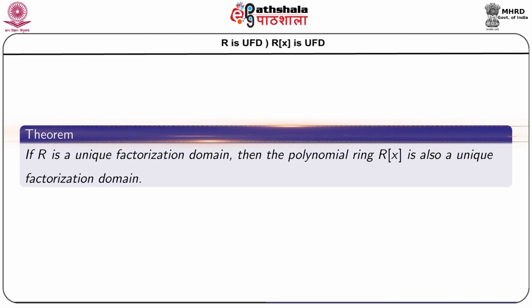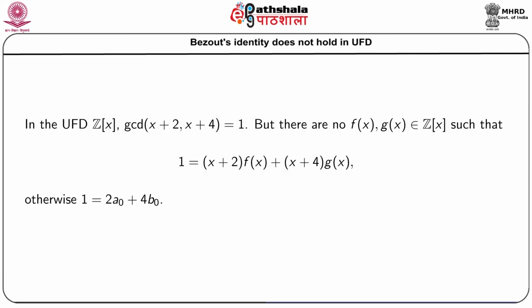Thus, since Z is a unique factorization domain, the polynomial ring Z[x] is a unique factorization domain. Using the UFD Z[x], I will conclude this module by showing that Bezout's identity does not hold in a UFD in general.